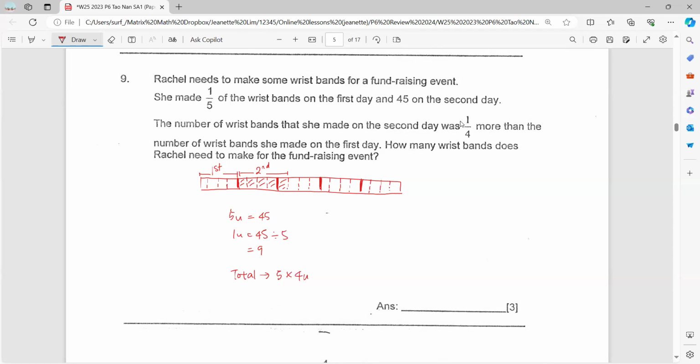Each big unit is cut into 4. So there's a total of 20 units. So 20 units is 20 times 9. 180 wristbands made. I mean, she has to make a total of 180.